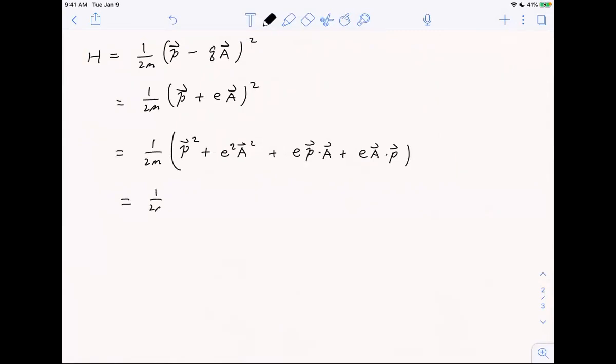So we can make this px plus py plus pz. I mean, these are all operators.